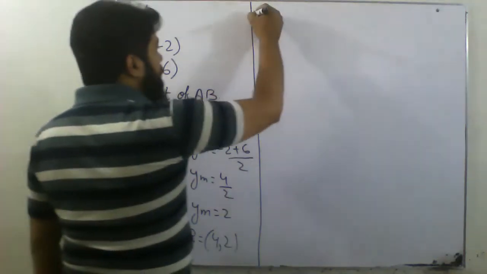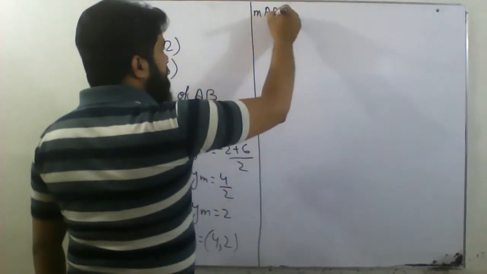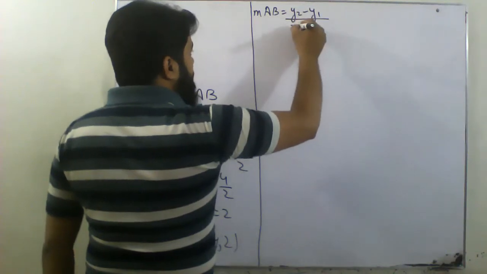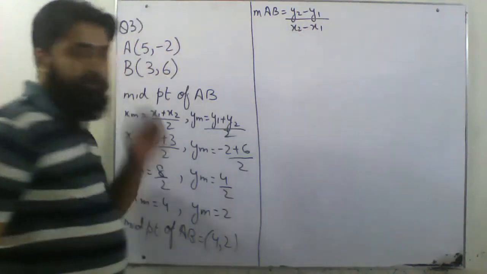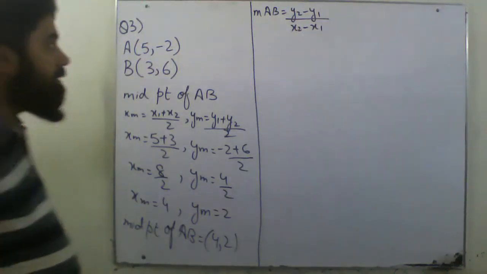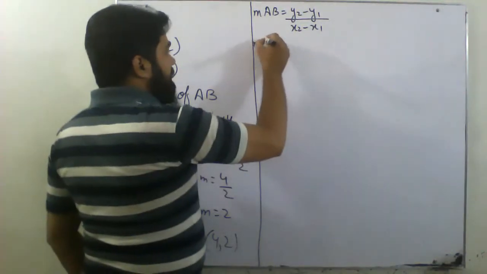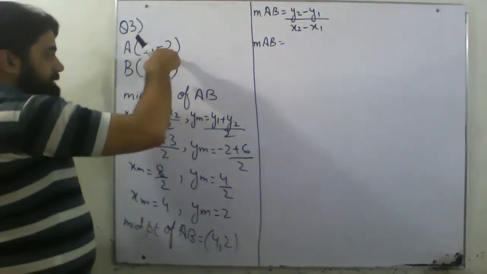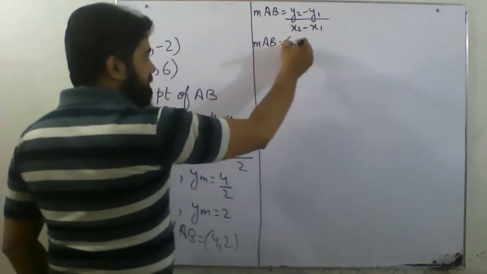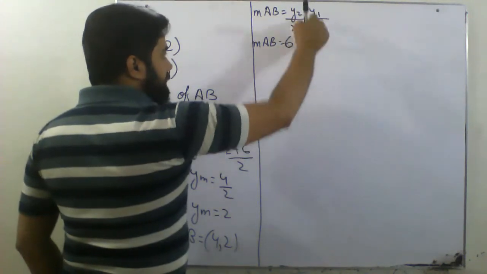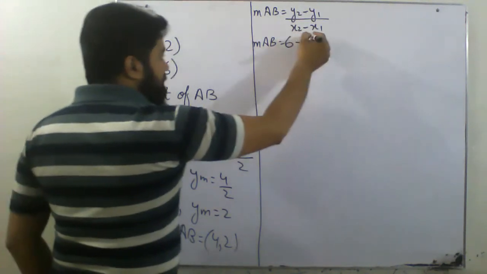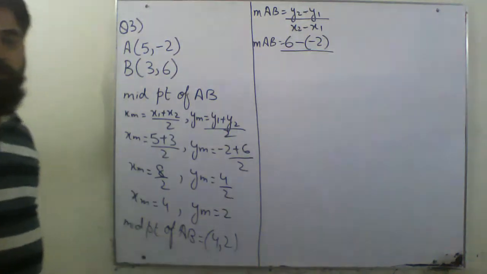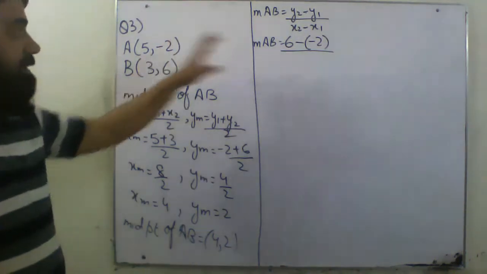So gradient of AB equals y2 minus y1 upon x2 minus x1. That's the gradient. M of AB equals y2 minus y1. So y2 is 6, minus sign of the formula, and what is y1? Y1 is minus 2. Be careful about it. Over here, students usually make mistakes, so they write 6 minus 2 directly.